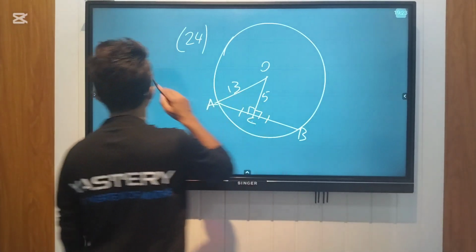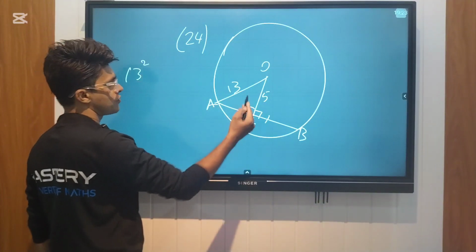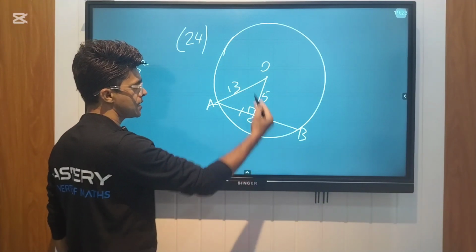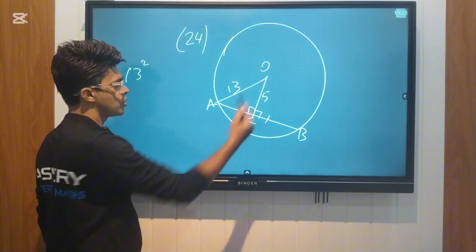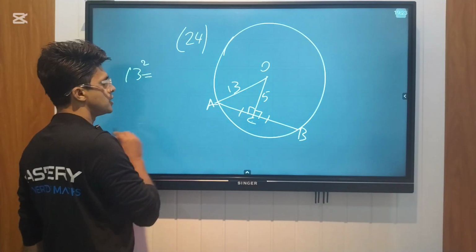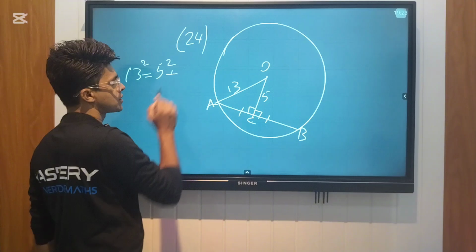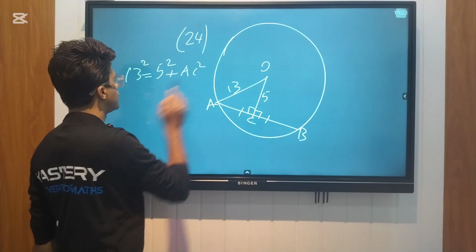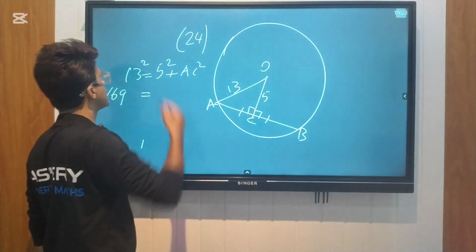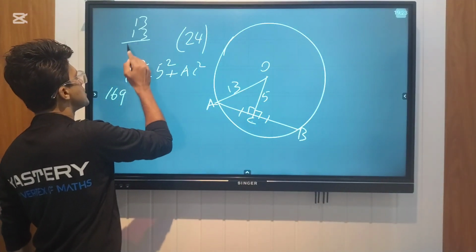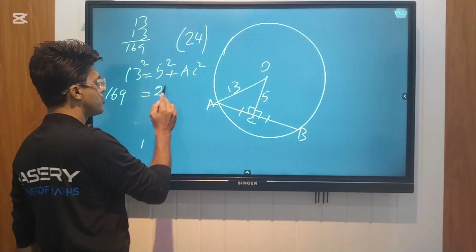In triangle OAC, OA is the hypotenuse. 13 squared equals 5 squared plus AC squared. 13 squared is 169, 13 times 13 is 169, and 5 squared is 25.